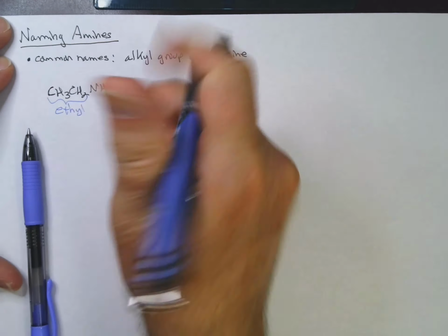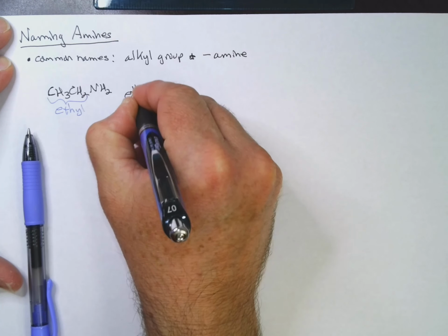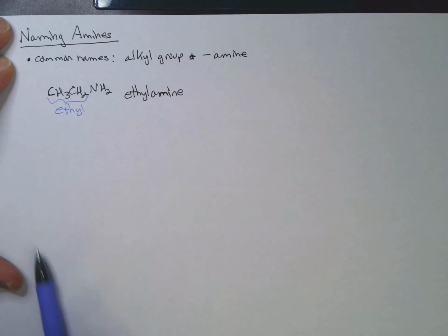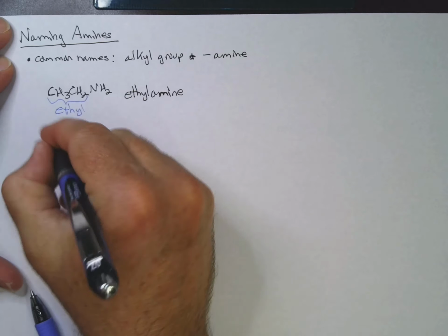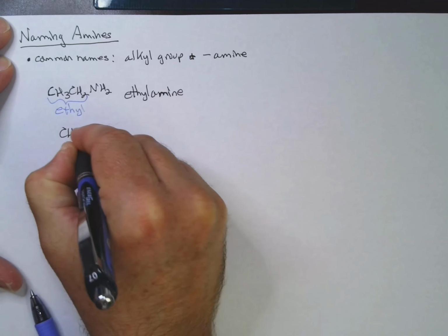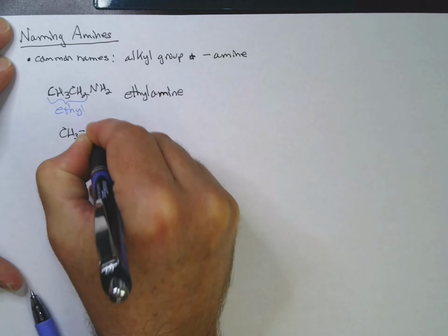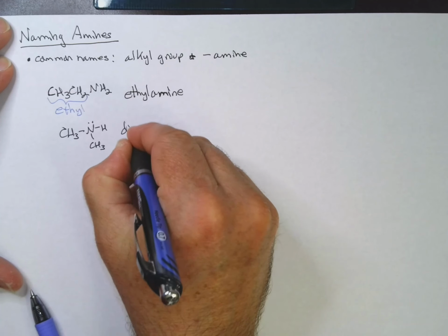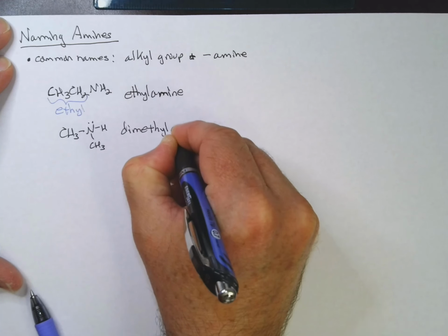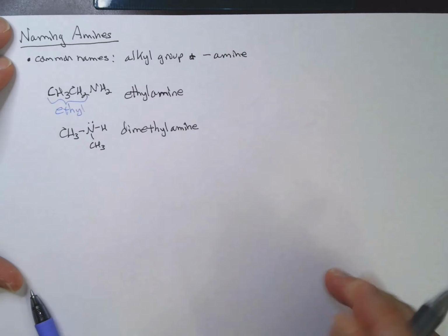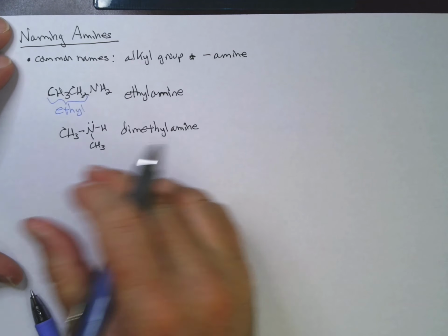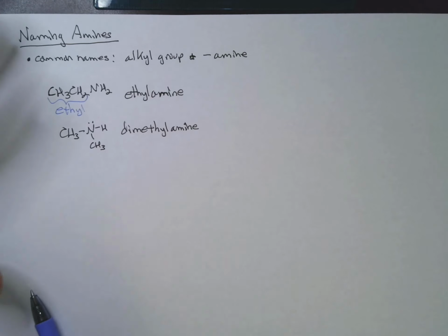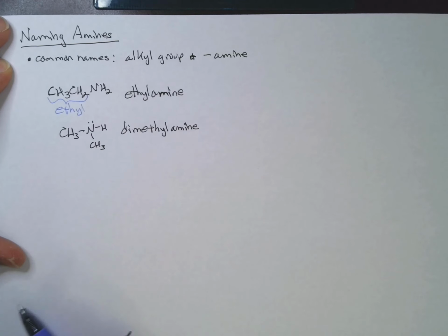So this becomes ethylamine. We could have multiple groups. So let's say I've got two methyl groups, so that would be dimethylamine. They could be different groups. I could have a methyl and an ethyl, ethylmethylamine. I could have a butyl and an isopropyl. There's a variety of things that you could have.